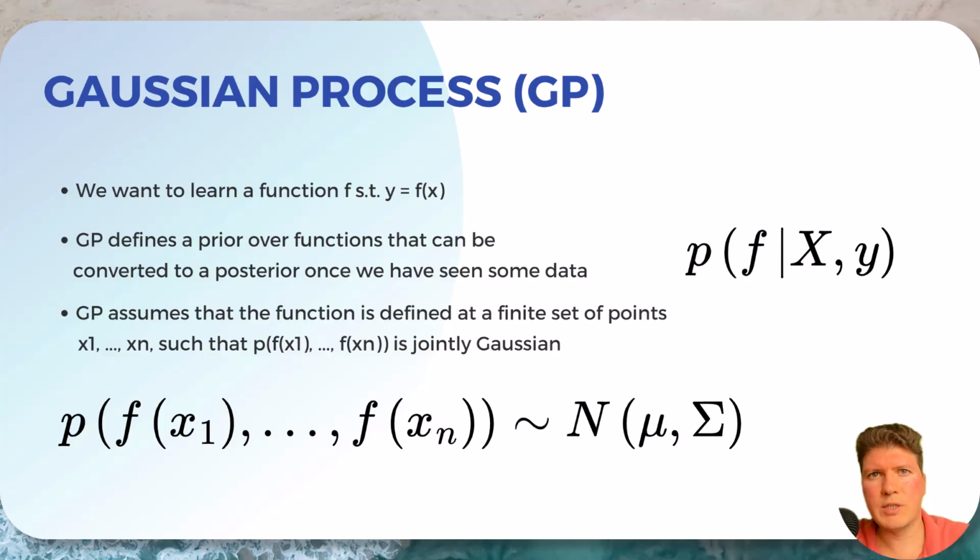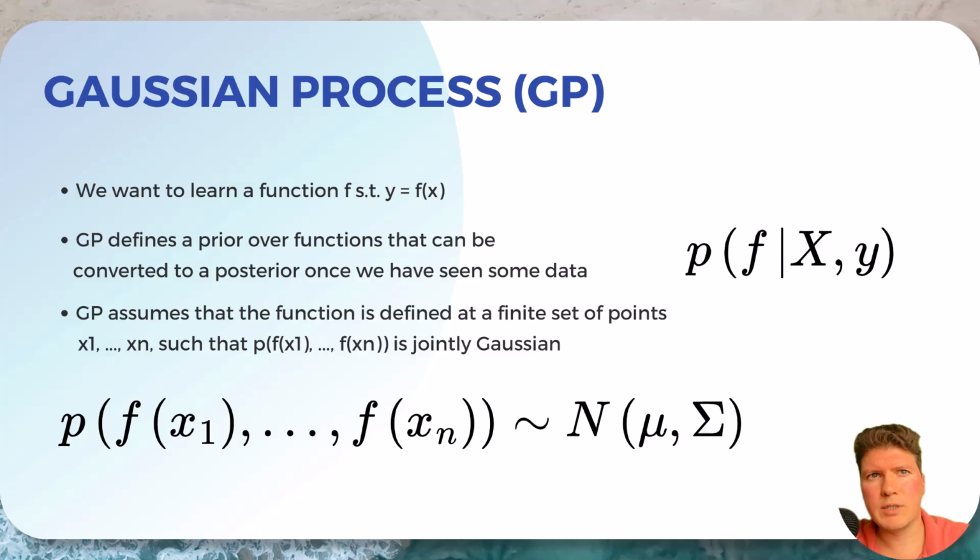Suppose we have a function f that we're trying to learn from input data x and output data y. In other words, we are trying to learn function f where y is equal to f of x. In Gaussian process, we're interested in computing a distribution over functions, or p of f given x and y.